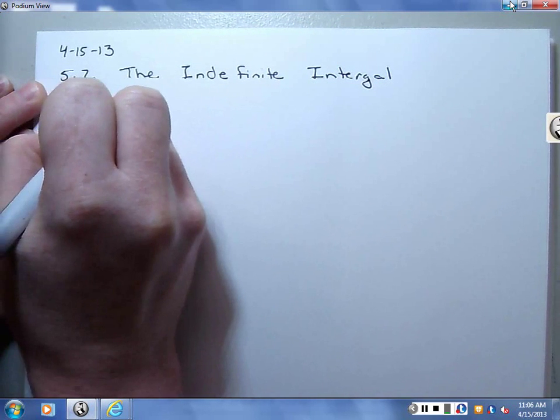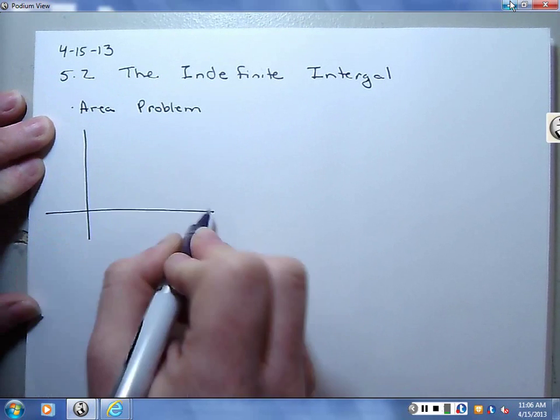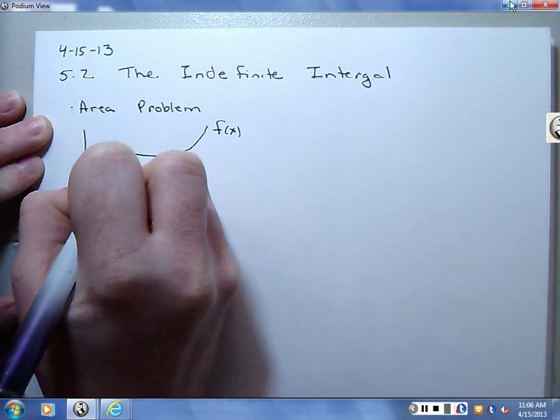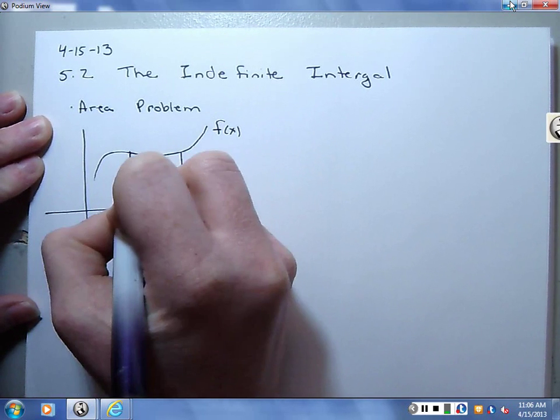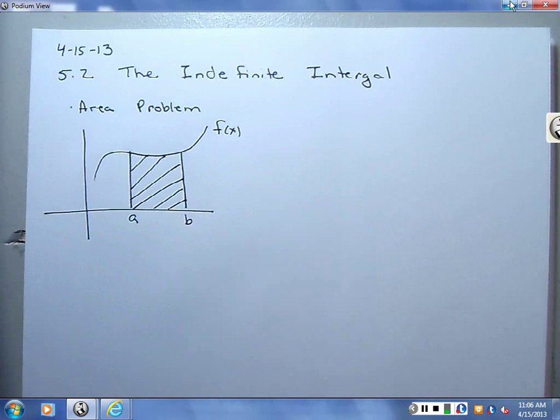This is going to be useful when we go to solve the area problem in calculus versus the derivative problem. So if I have a function and I want to find the area underneath the curve between 2 points, I'm going to have to use this idea of anti-differentiation.